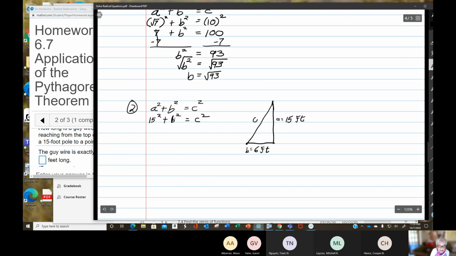That's not a B, that's a C. Oh, that's why it was curved, silly goose. Okay, 15 squared is 225. I think someone should check me on that. And 6 squared is 36 equals C squared. I'll check myself just to make sure.